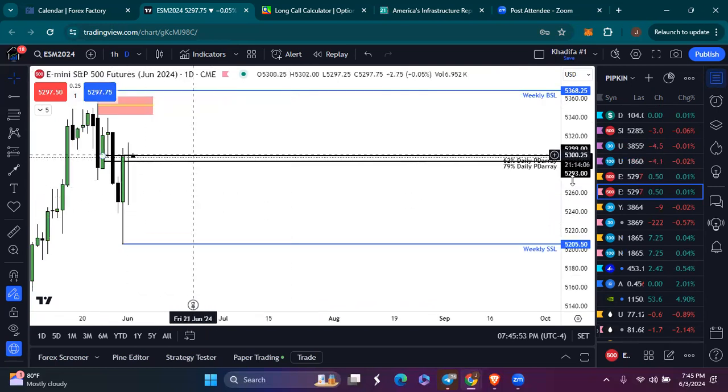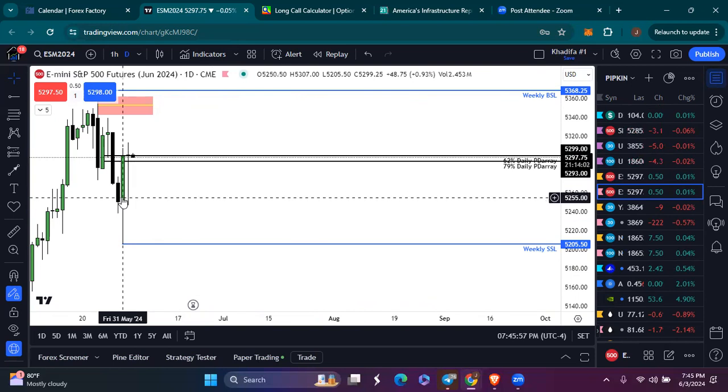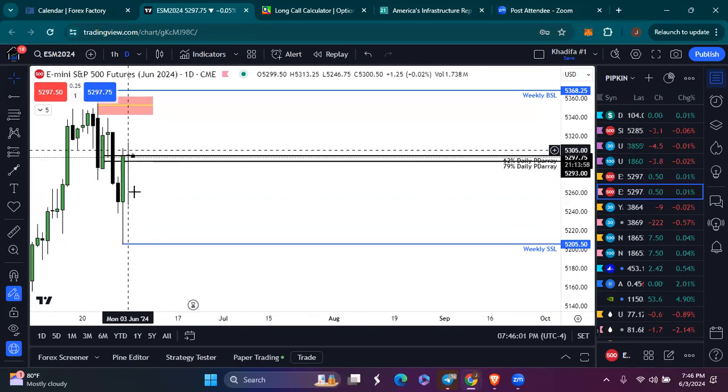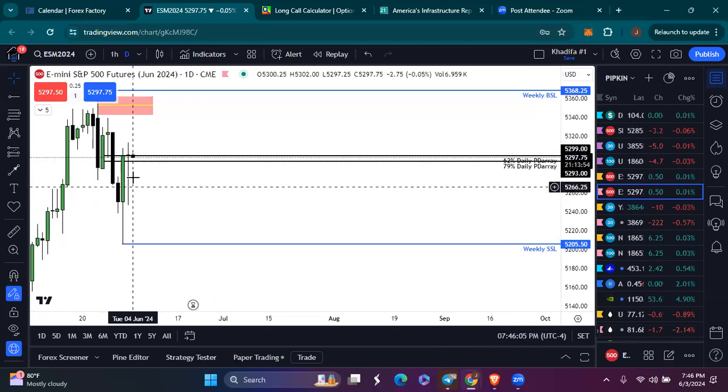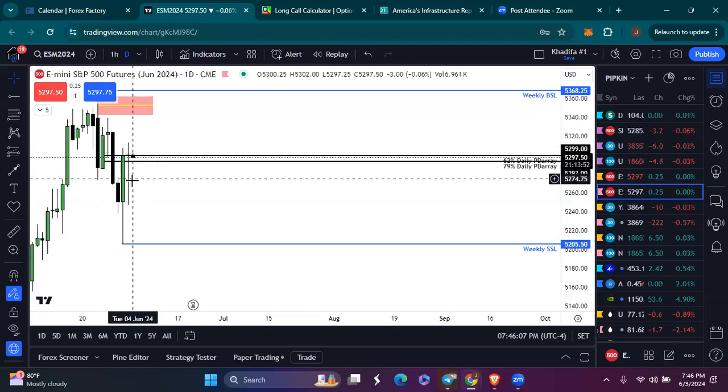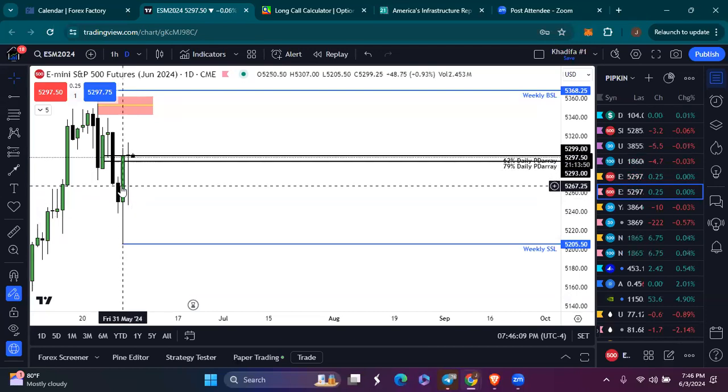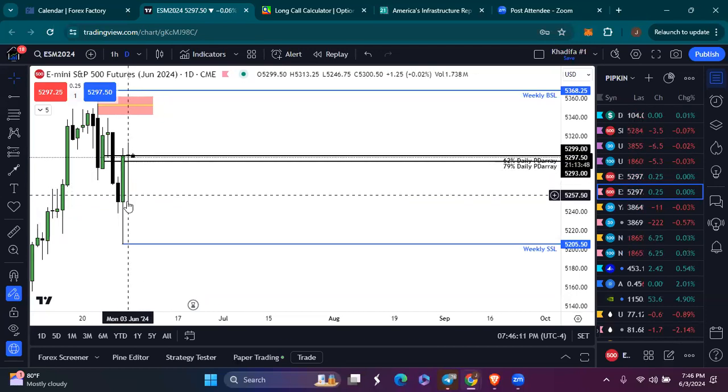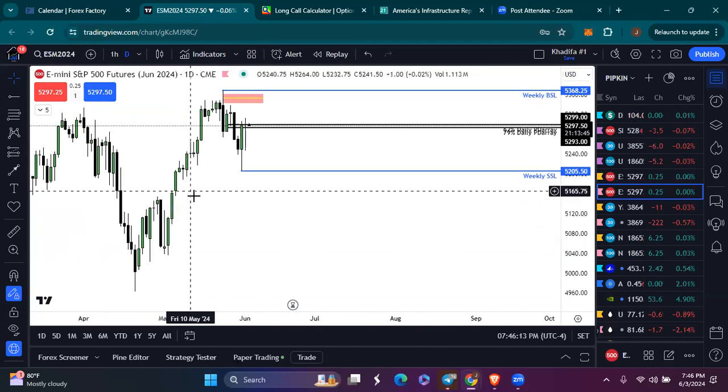We did get back above the PD array level, so now I would just want to see us pull back down into Friday's. Even though we did today, it wasn't delivered efficiently. Look at this wick. I want to see a thick candle, volume delivered down into this kind of price level, and then swing up.